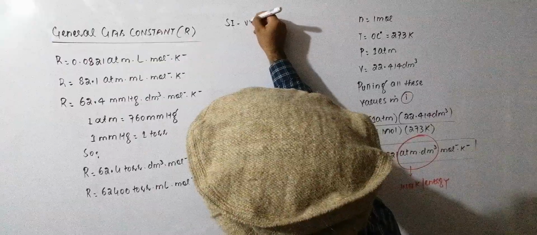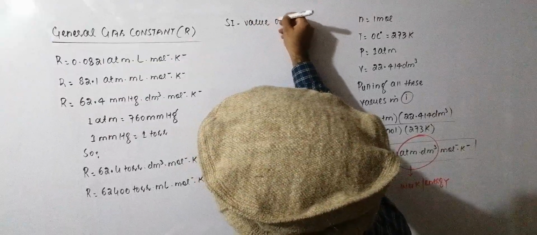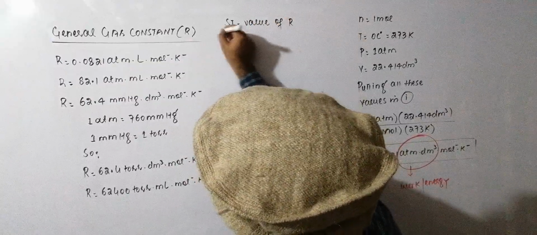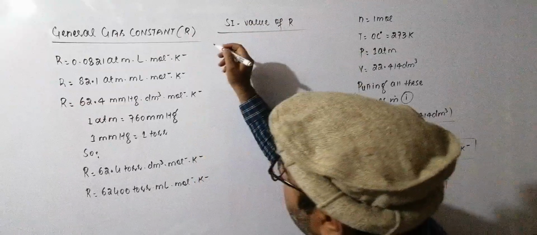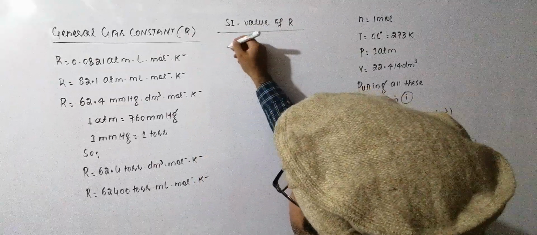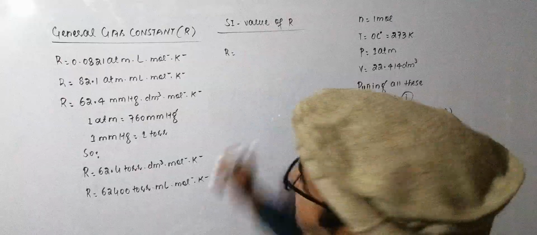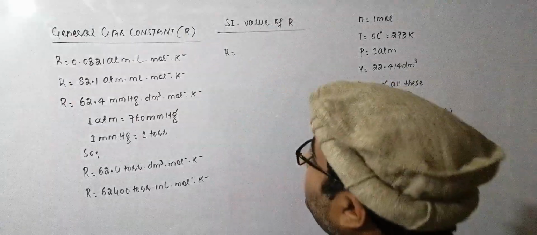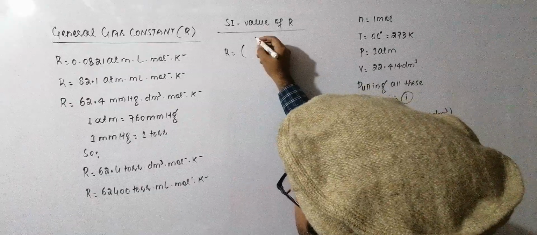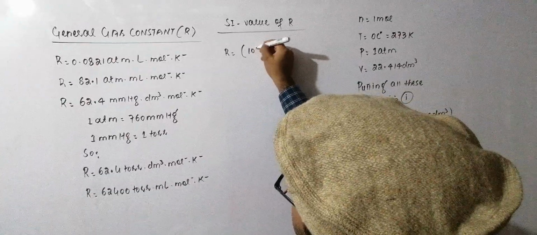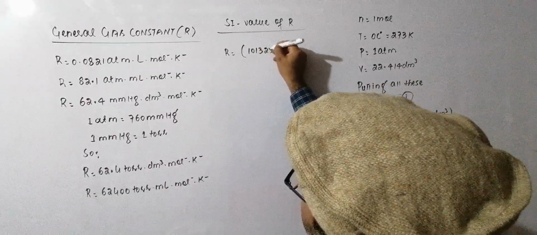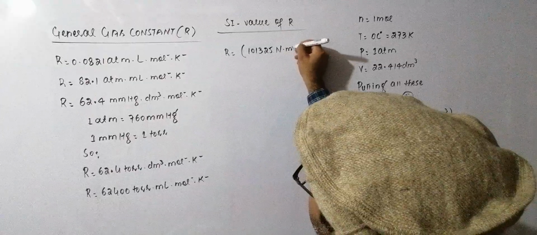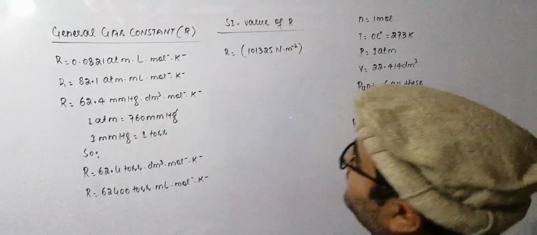The system international value of the general gas constant R. In system international, you know the unit of pressure is Newton per meter square or Pascal, and 1 atm is equal to 101,325 Newton per meter square, or Pascal.